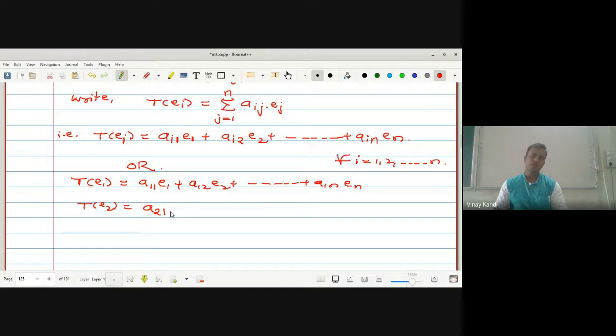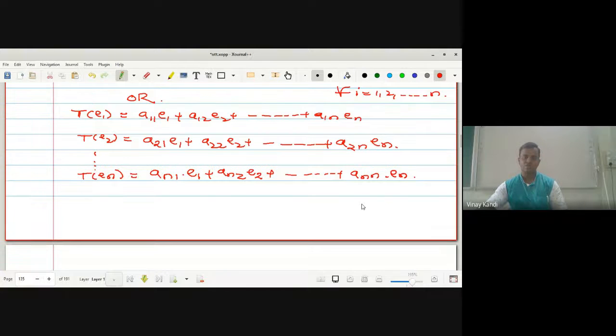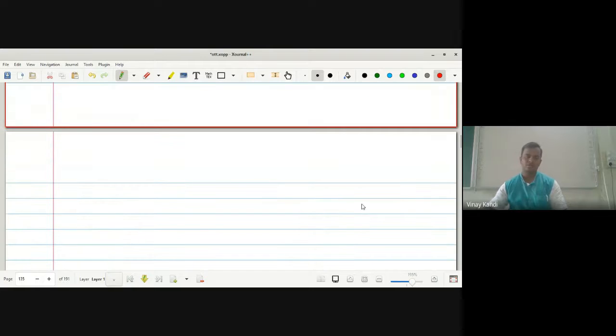A21 E1 plus A22 E2 plus up to so on A2n En. Up to so on, T of En, the last element: put i equal to N, AN1 E1 plus AN2 E2 plus up to so on ANN En.